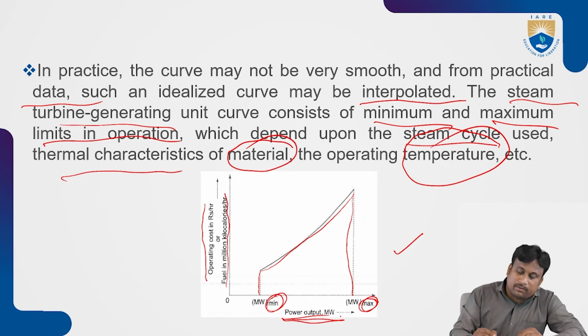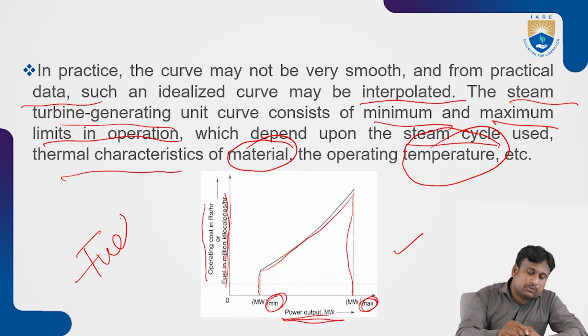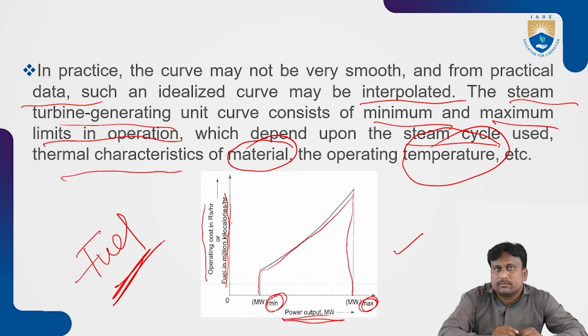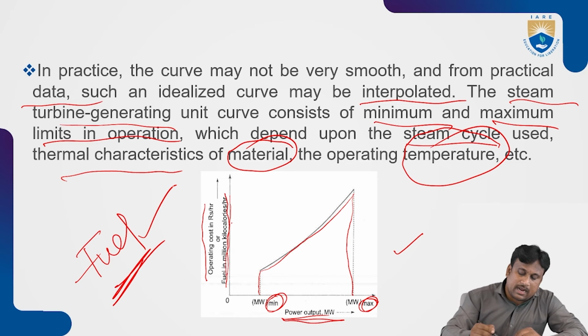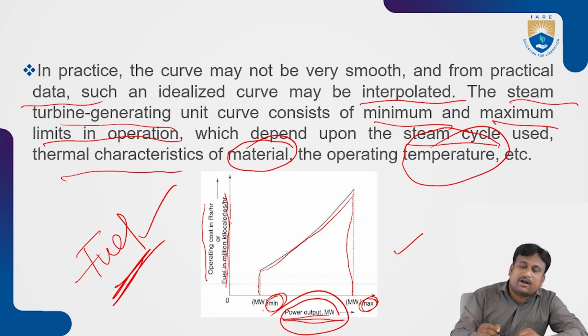So this curve may change with respect to the fuel availability in kilocalories per hour. This will impact the availability of the fuel to the power system network. Based on that, the power output in megawatts may vary slowly.